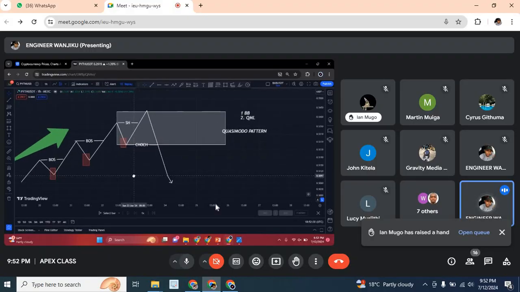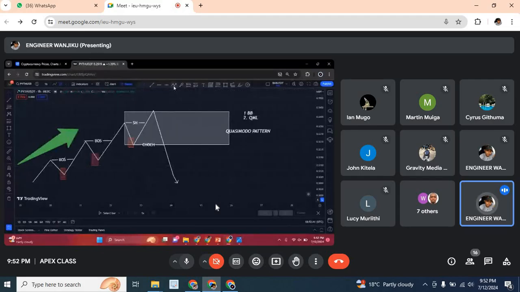So what we expected from this zone is that the market is going to come, respect this bullish order block, then buy. But what happened is the market actually disrespected this bullish order block and broke through it.